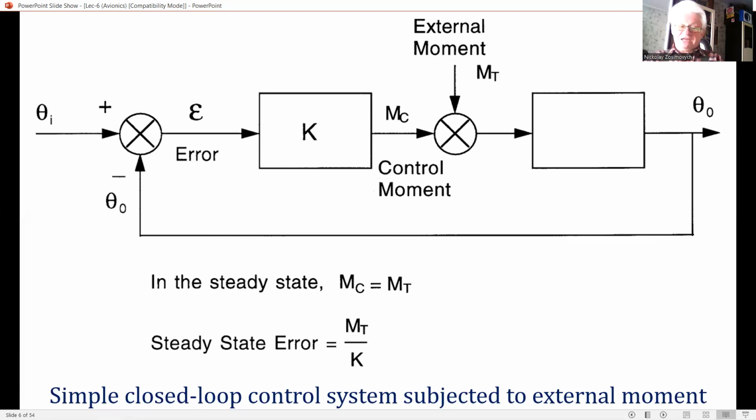The need for an integral term control can be seen by examining the simple system shown in this slide. In the steady state, if theta sub I is constant, theta sub 0 must also be constant, and thus the resultant moment acting on the aircraft must also be zero, and the control surface moment is equal and opposite to the out of trim moment.